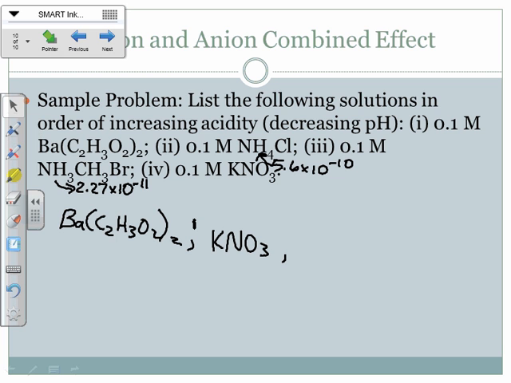Okay, so then we can compare those two Kas and see that the NH4 plus has a little bit bigger Ka, not much, but a little bit bigger. So that one is actually going to be a little more acidic. So that's going to be our last one on the list.